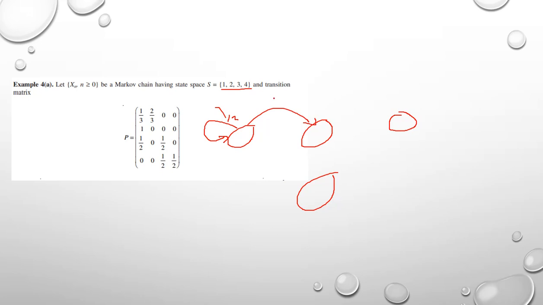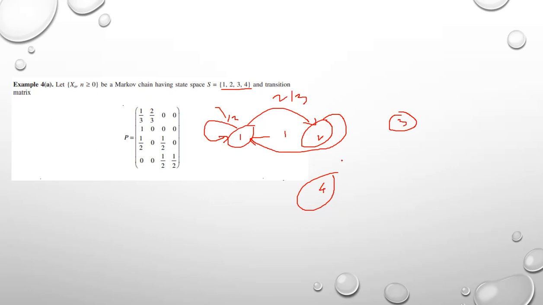Then 2 to 1 is 1. This is my class 1, this is my class 2, this is my class 3, this is my class 4.